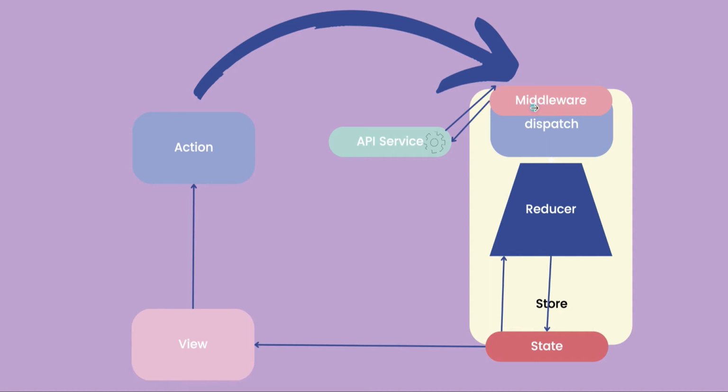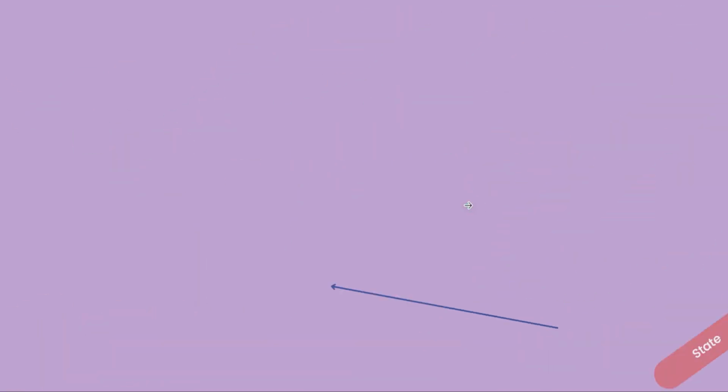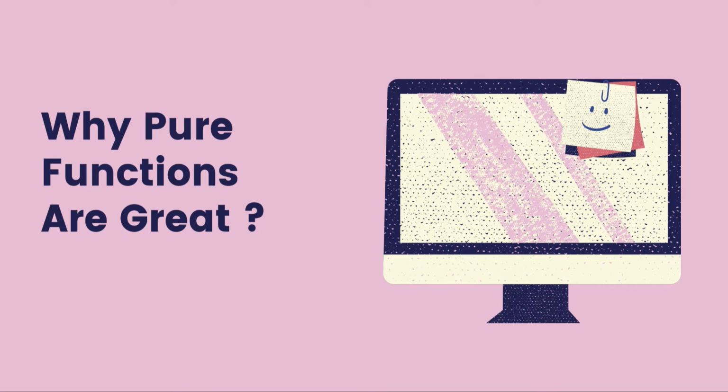So middleware here allows us to enhance the store by hooking into and intercepting actions before they reach the reducer. And why are pure functions great? Because for our purpose, the most important feature of a pure function is that it's predictable.